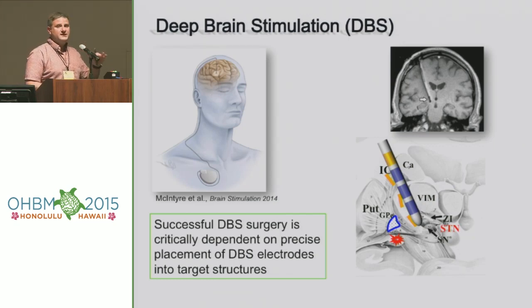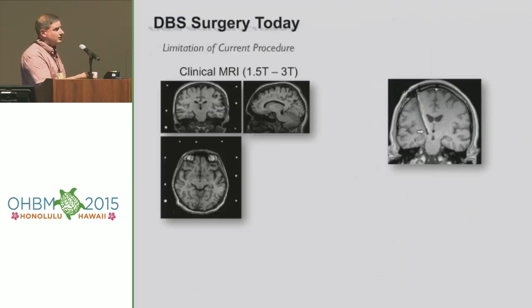You have to get the electrode into the right location for two reasons. One, if you don't stimulate the right place, the patient won't get the benefits, or worse, the patient will get side effects, because this is prime real estate where you have multiple targets all around it.